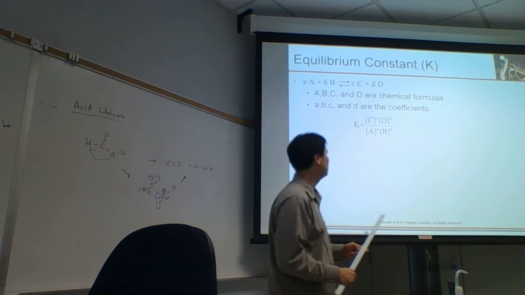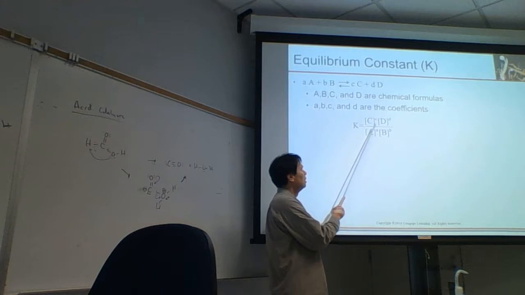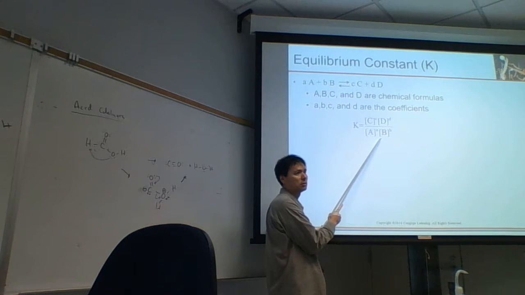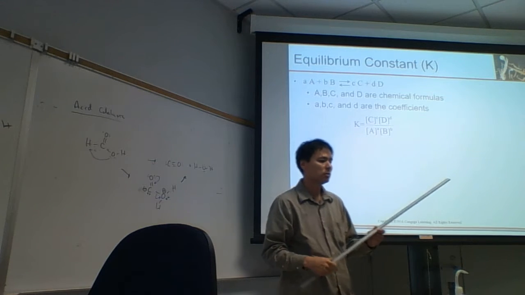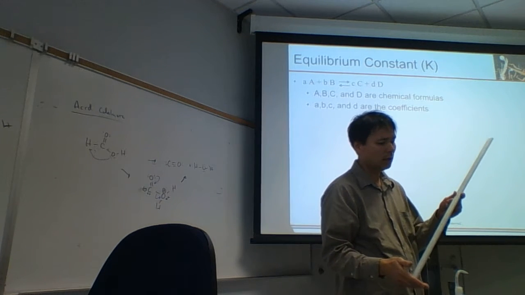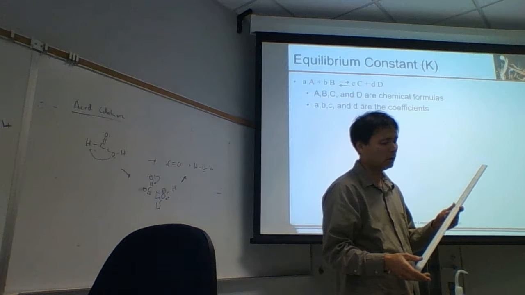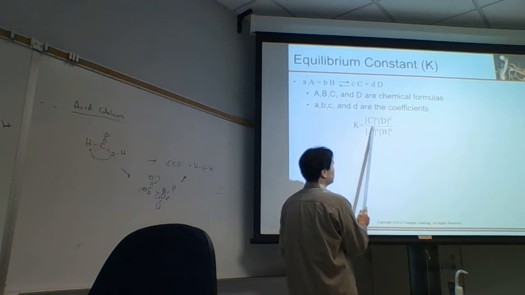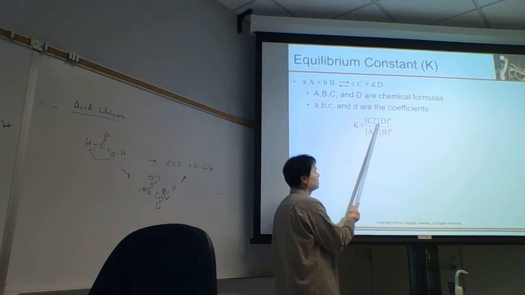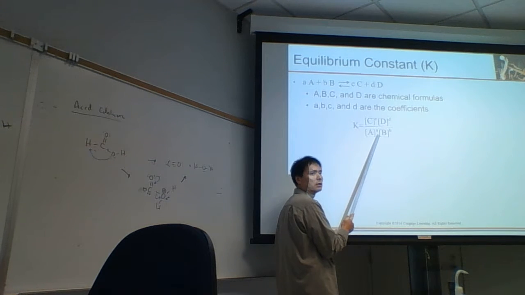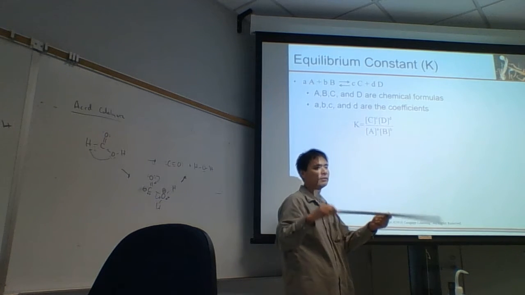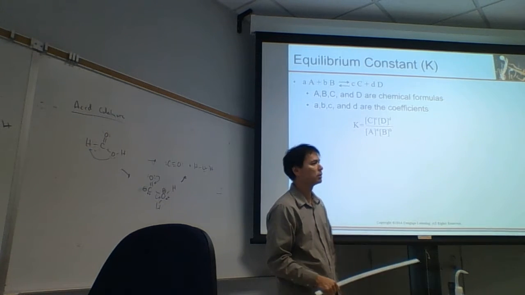That tells us it's like 1 part to 10 to the 14 parts here, so it's mostly reactants, very little products. Whereas a big ratio, like 10 to the positive 14, tells us it's all product, no reactant. And a ratio close to 1 tells us it's more of a 50-50 mix of product and reactant.